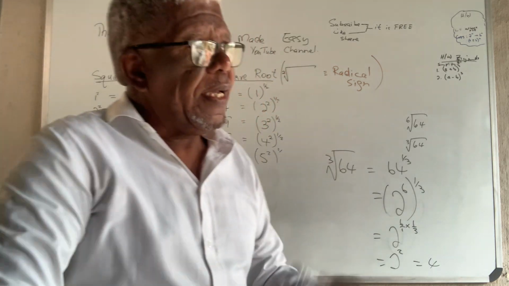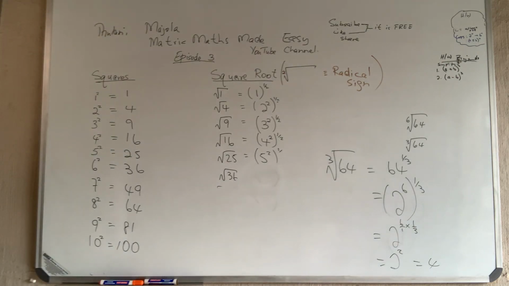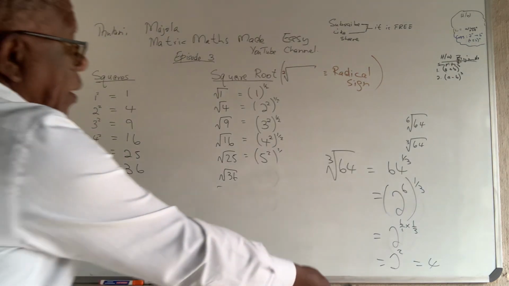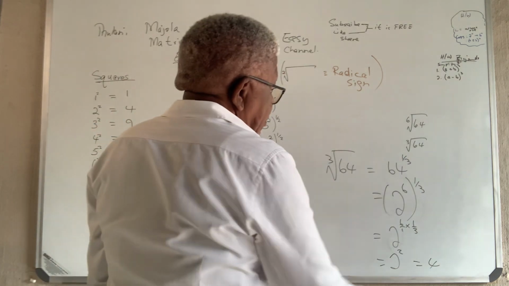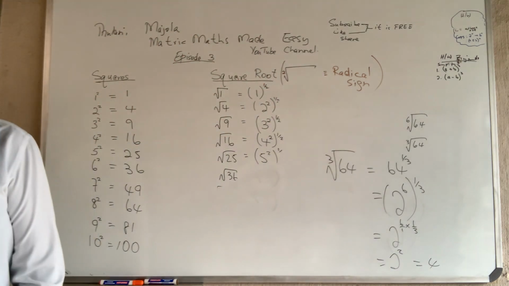So if you go back again to the powers, when we started learning about powers, we know 4 cubed is 64. But it's always better to go to the prime numbers.